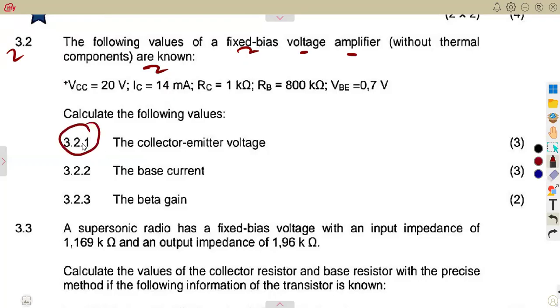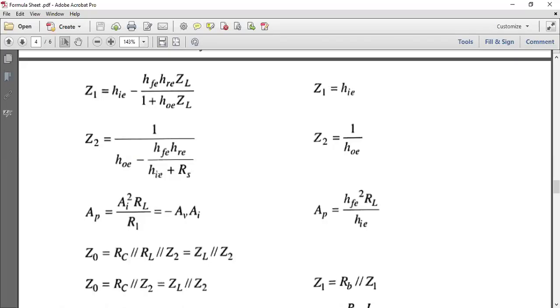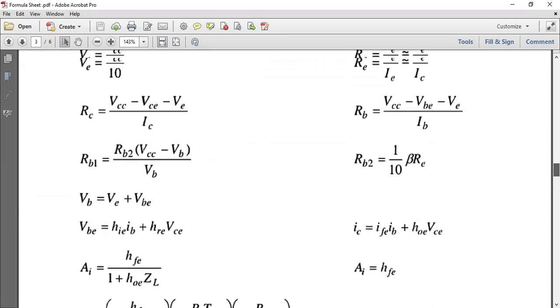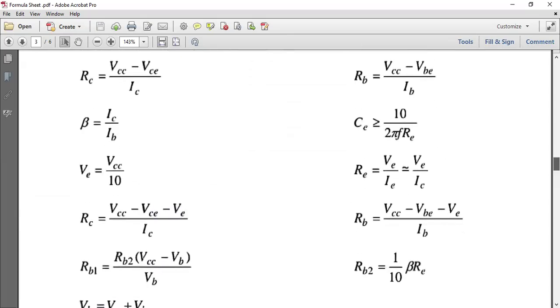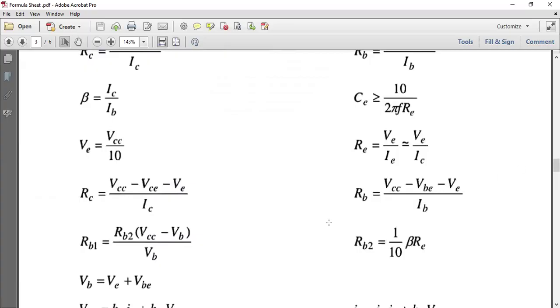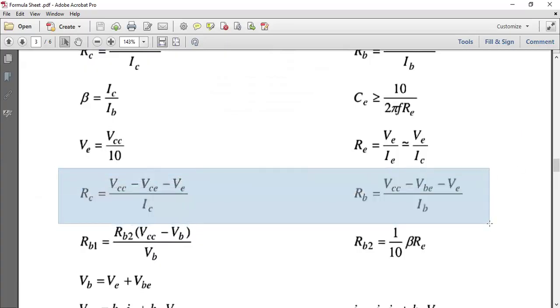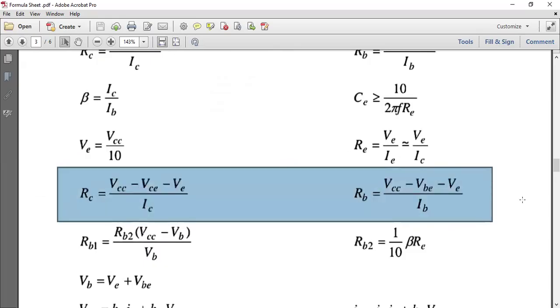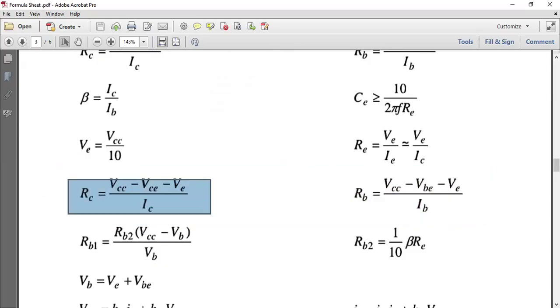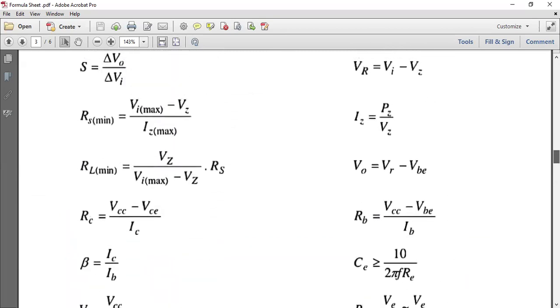They were saying, calculate the following values: the collector emitter voltage, which is VCE. So can we calculate VCE? Actually, we do not have a formula where VCE can be calculated straightforwardly. But remember, you're talking of the basic common emitter. Those other calculations are for when you're dealing with the voltage division, or when there is an emitter resistor, where we now have the VE at the emitter.